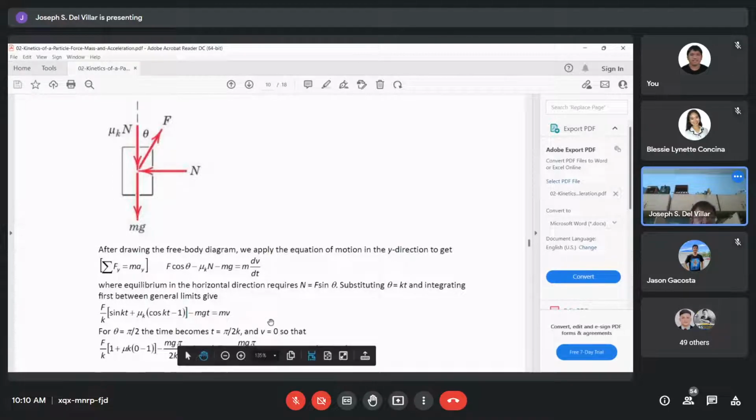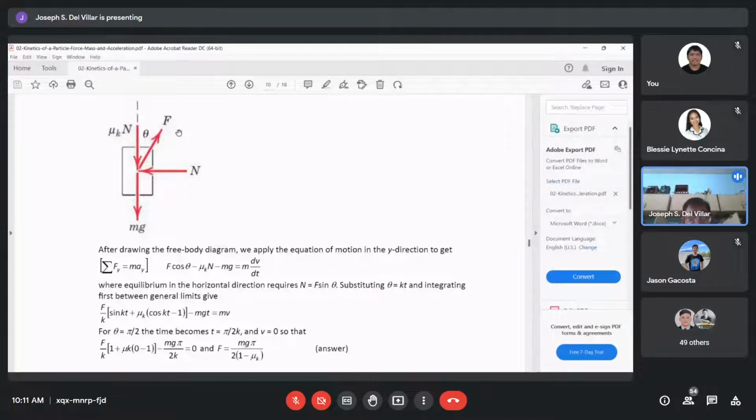So, yung equilibrium requires that n is equal to f sine theta. So, dalawa lang sila, yung normal tsaka yung x component ng f. Silang dalawa lang naman ang horizontal components. Okay? So, if we substitute theta equal to kt and then integrating first between general limits.